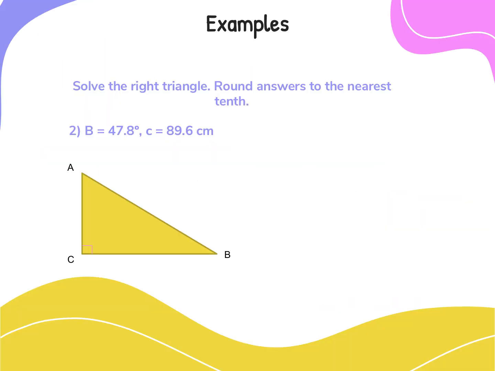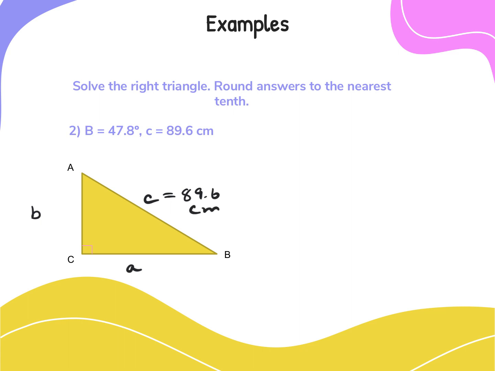Here's the next one. So again, let's label. Again, the lowercase letter goes across from the angle. So this is lowercase a, lowercase b, lowercase c. They're giving me the hypotenuse this time. So this is going to be 89.6 centimeters.